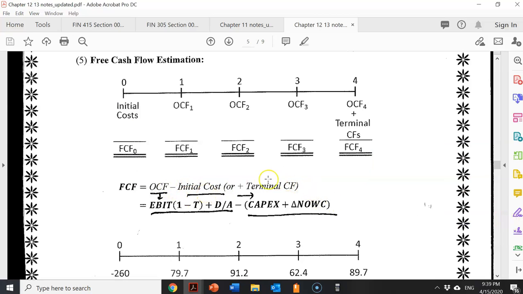At the end of the project, it is plus terminal cash flow. And operating cash flow formula is EBIT multiplied by 1 minus T plus depreciation. And for initial cost or terminal cash flow, their formulas are actually the same. We just need to minus capital expenditure plus delta NOWC.